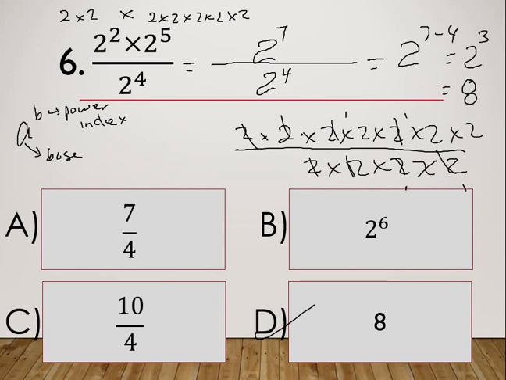Something looks fishy here. 1, 2, 3, 4, 5, 6, 7. 1, 2, 3, 4. All right, this cancels this. This cancels this. This cancels this. Oh, I forgot this one. But either way, 2 times 2 is 4 times 2 gives us 8. So that is our answer, D.